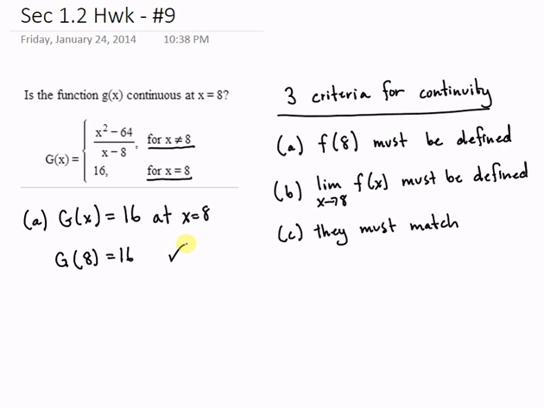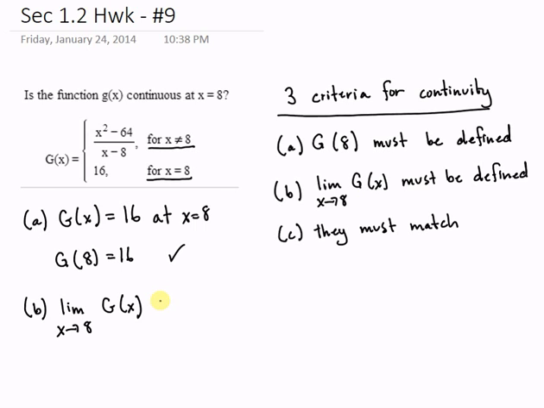So that's fine. Now let's do the limit. The limit as x goes to 8 of g of x. Over here on the right, I wrote f of x, but this problem calls the function g. The limit as x goes to 8 of g of x.